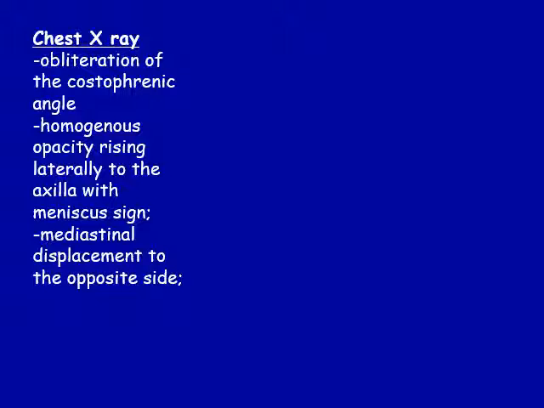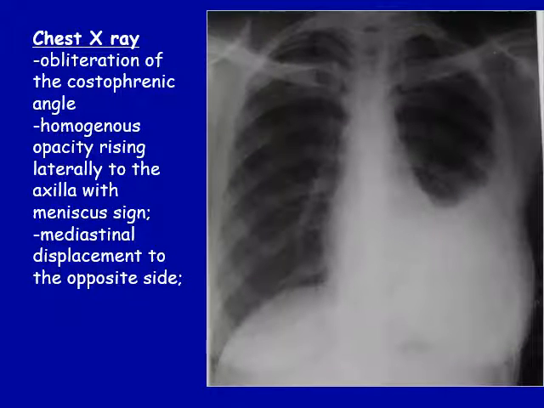In the chest X-ray finding, here this is the normal side, and this is the side of pleural effusion. Here this is the costophrenic angle. This is the costal margin, and this is the costophrenic angle. Here it is present and normal, but here it is absent.